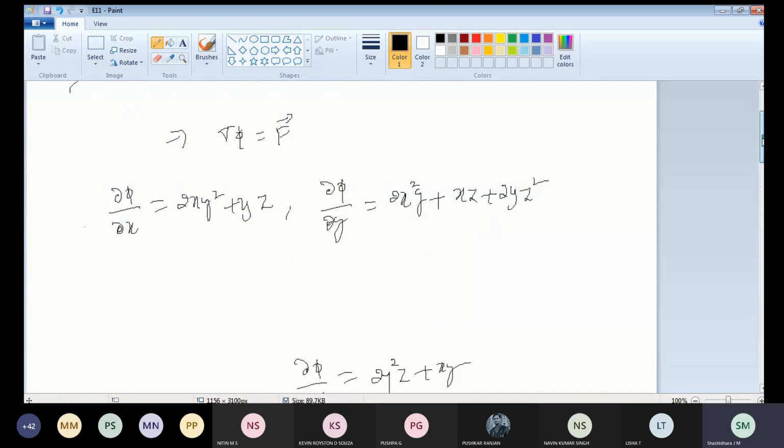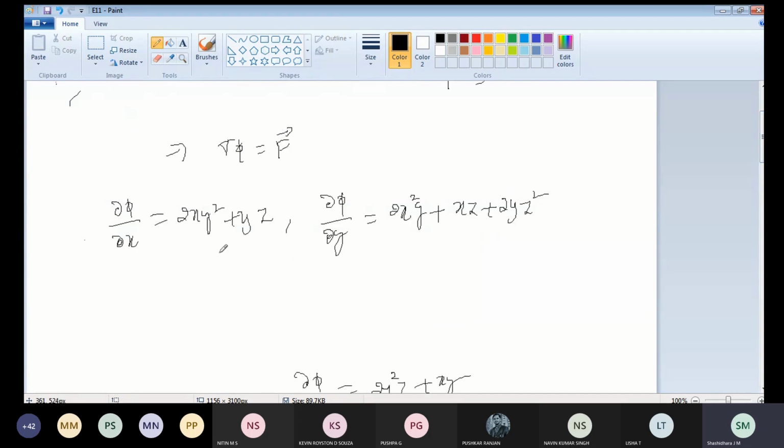So I am integrating the first one with respect to x. Directly I am writing the answer: phi equal to x square y square plus xyz plus f of y comma z, equation 1.